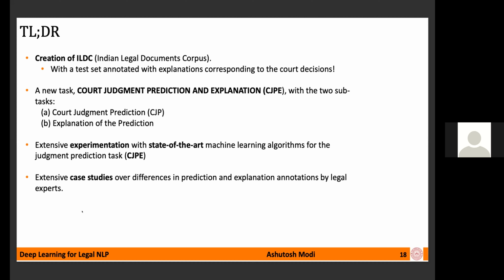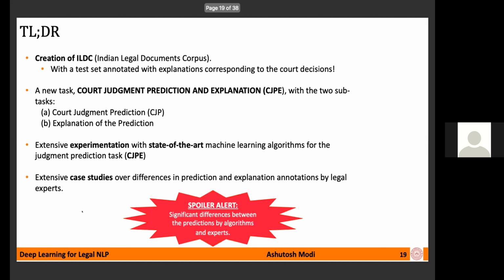And we compare the model explainability results with the annotations by legal experts using automatic metrics, as I'm going to show later. Just a spoiler alert: we observed that there is a significant difference between the predictions by the algorithms and the experts, right? As I'm going to show later.